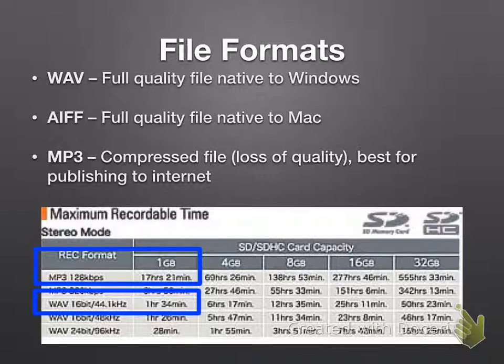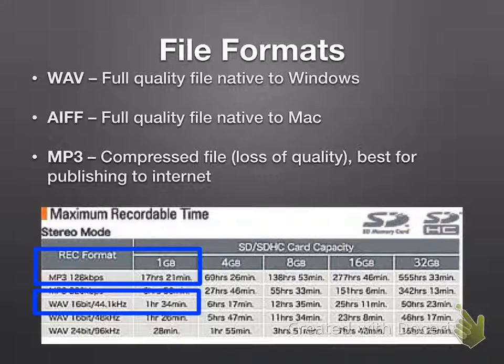WAVs are native to Windows, AIFF are native to Mac, but both platforms read both files now. As you saw in the previous slide, these are going to be about 10 megabytes per minute of stereo audio. MP3s are going to be about 1/10 the size. You will lose some quality, but this is really best for publishing to the internet. You'll have about 1 megabyte per minute of MP3 stereo audio.